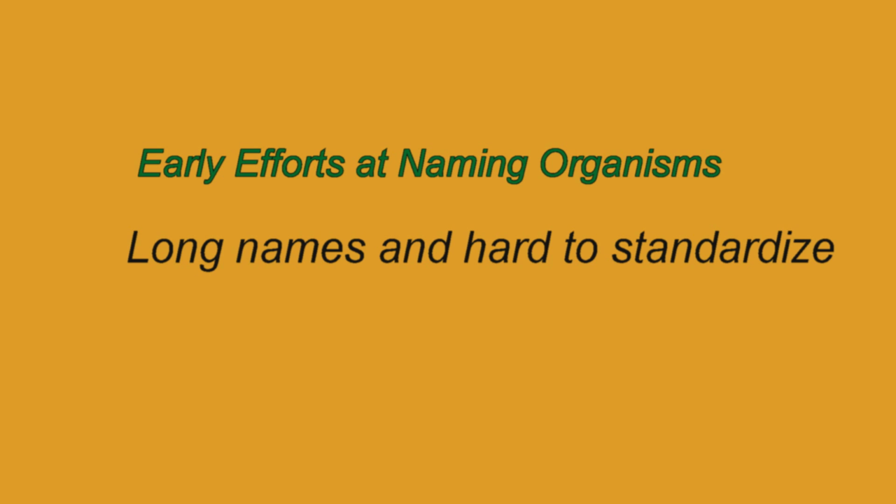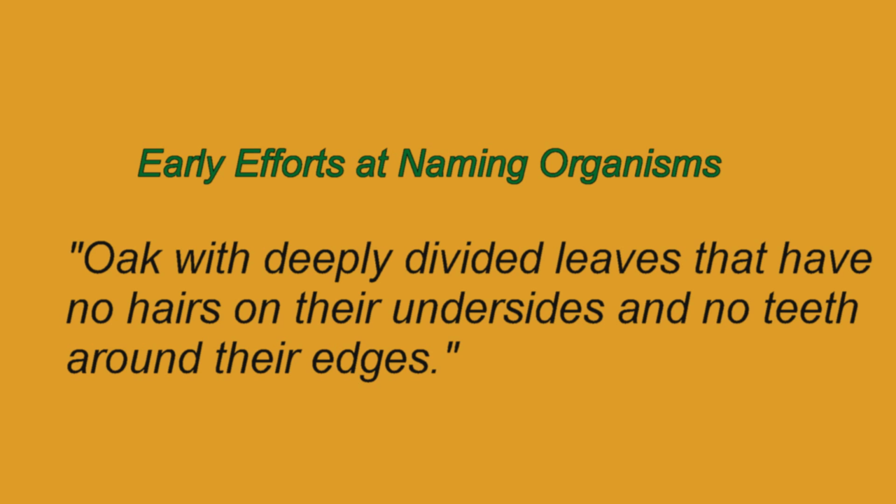The first attempts at a standard scientific name often described the physical characteristics of a species in great detail. As a result, these names could be 20 words long. For example, the English translation of the scientific name of a particular tree may be "oak with deeply divided leaves that have no hairs and no teeth around their edges."